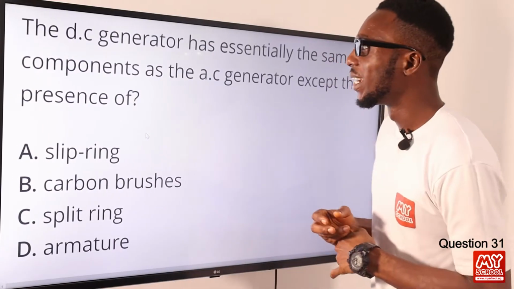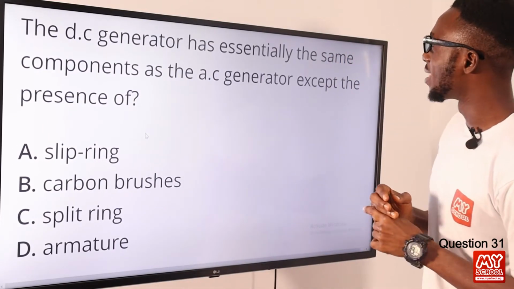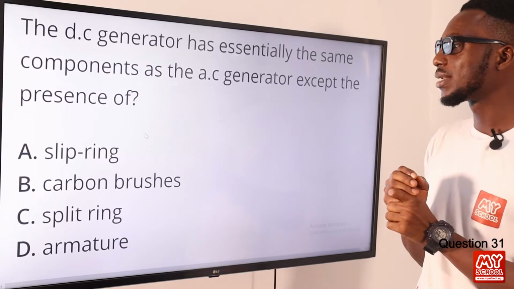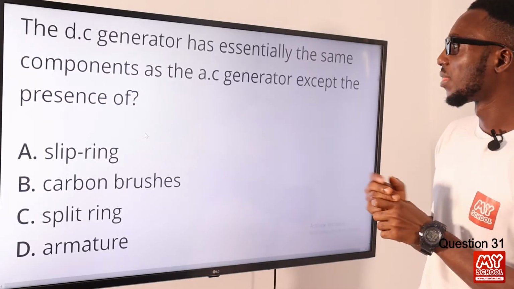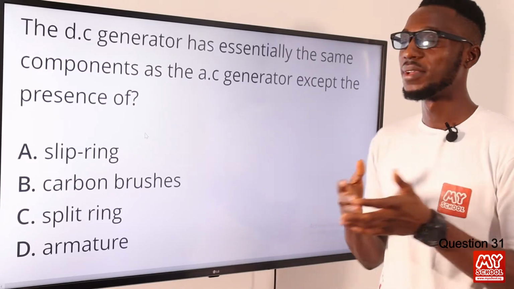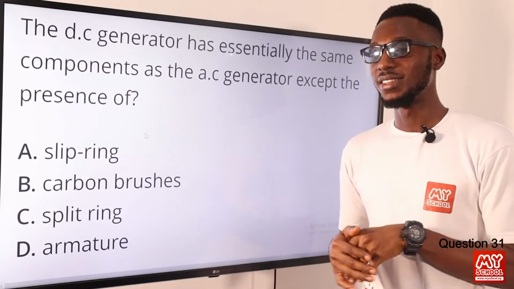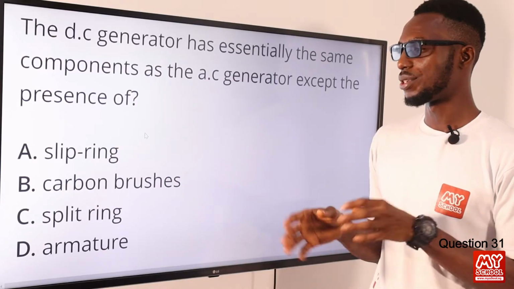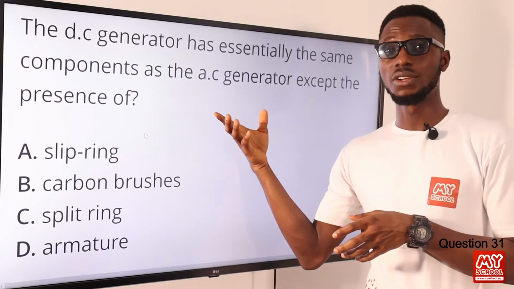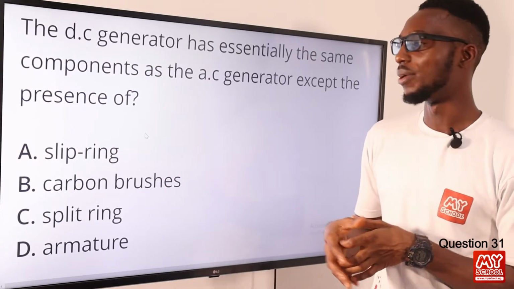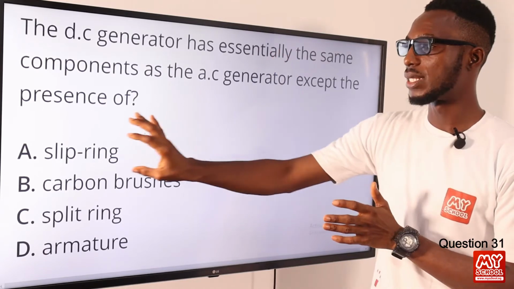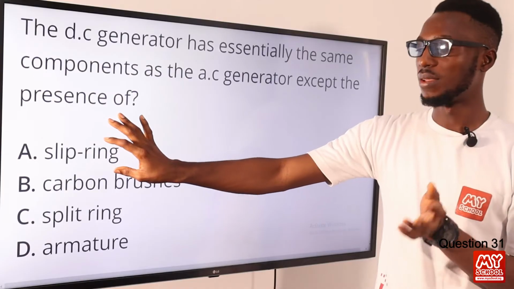31. The DC generator has essentially the same components as the AC generator except the presence of what? Okay, so AC generator, alternating current, right? DC generator, steady or direct current. Of course we have carbon brushes in both generators, but the basic difference that we can actually see is that in AC, what you have is a slip ring commutator.